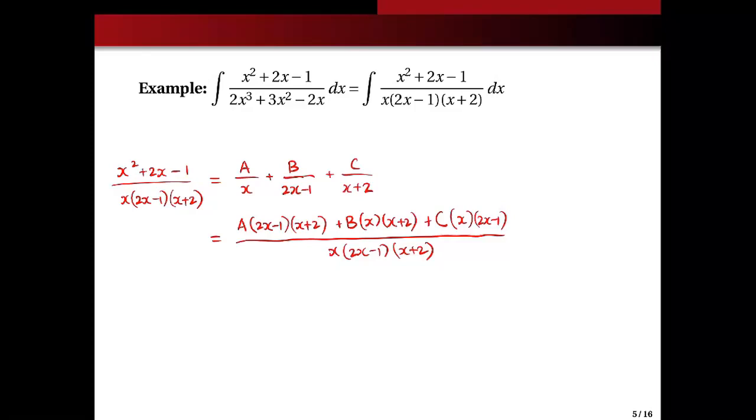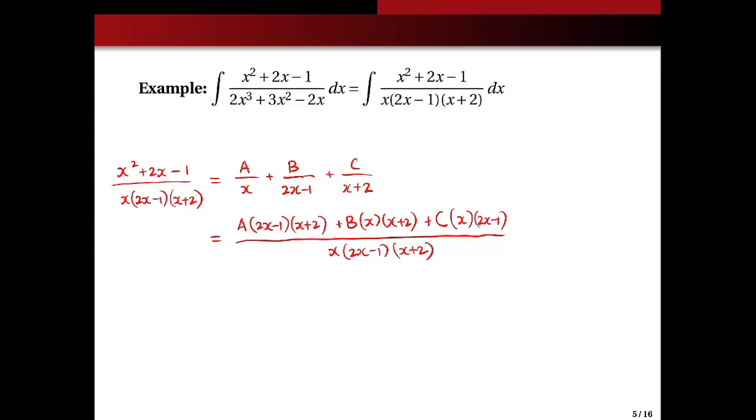That will help us solve for the values of A, B, and C.